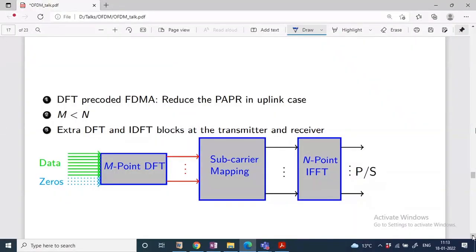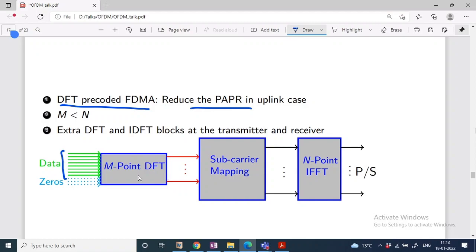So we have discussed the fundamentals of OFDM. This PAPR can be reduced using the DFT precoding scheme. In this way, we assign some data, then put some zero subcarriers, a set of carriers for a particular user.